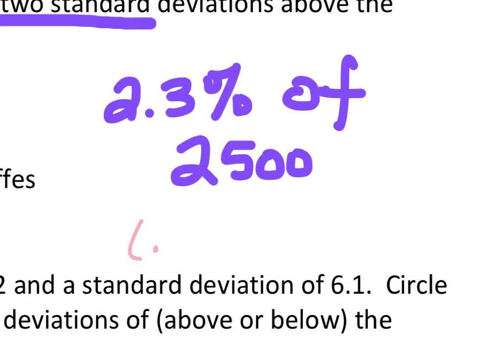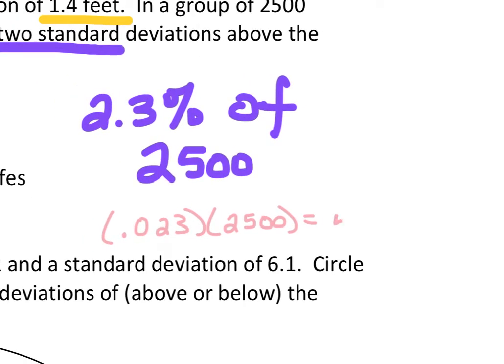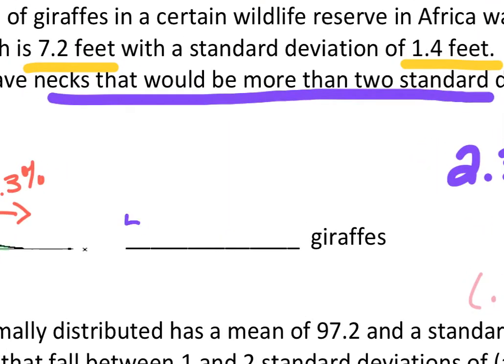Remember, you're going to change a percent to 0.023 times 2,500. And that should give you 57.5. And hopefully we don't have a half a giraffe, so you could say something like 57 or 58 giraffes.